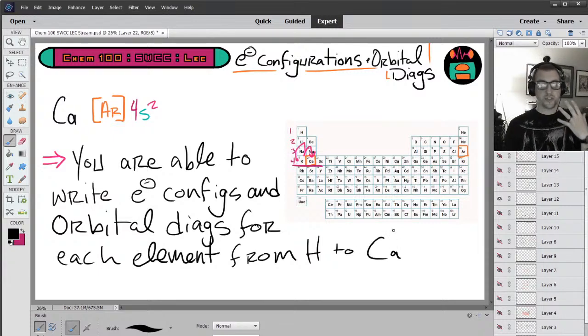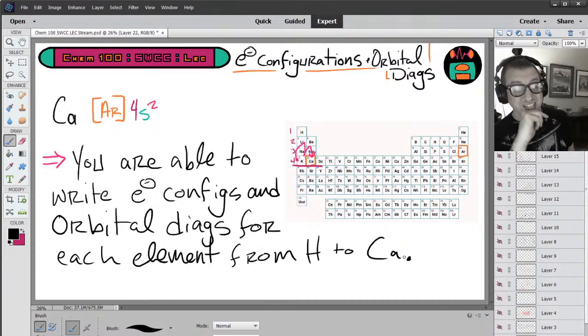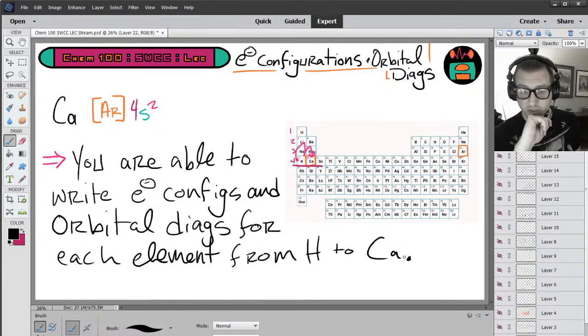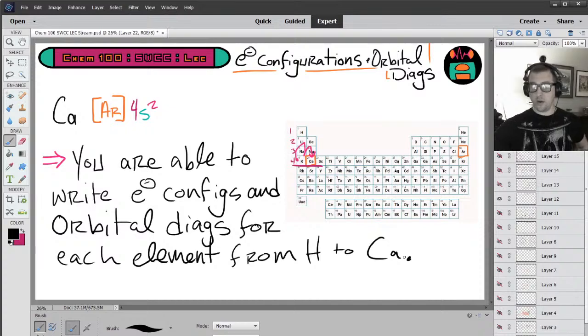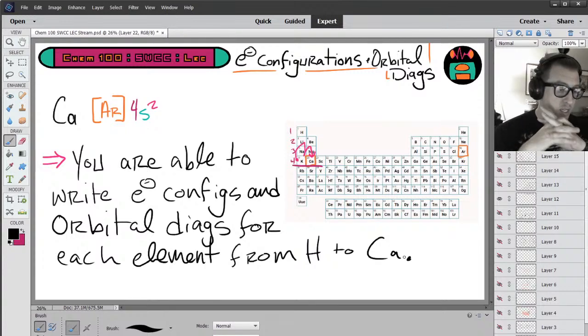In other words, the first 20 elements on the periodic table. You can write both their electron configurations and orbital diagrams based on what we've covered. You can't handle 21 and on yet. That's where our discussion will pick up on Thursday. If you want to practice, pick at random from hydrogen to calcium. You can totally do it.